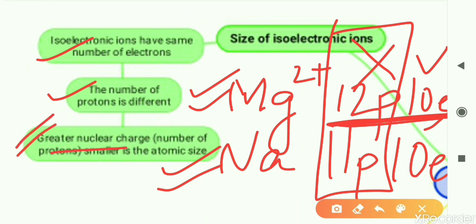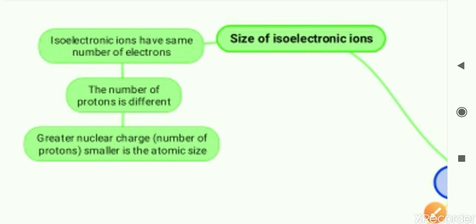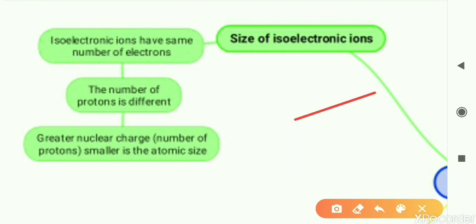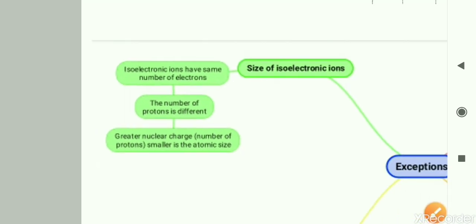The greater the nuclear charge, the smaller is the atomic size. So whichever ion has more protons will attract the electrons more easily. As a result, magnesium in our example will have a smaller size compared to the sodium ion. These are all the different exceptions regarding the atomic size.